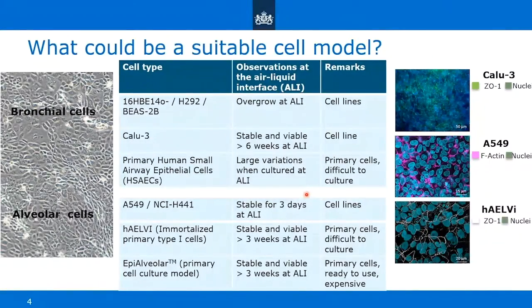For the bronchial cells, only the Calu-3 cell line remains stable and viable up to 2 months of culturing at the air-liquid interface. For the alveolar models, there is no cell line available that remains stable and viable for a longer period of time at the air-liquid interface. So for the alveolar region, you need to take primary cells to develop a lung model.